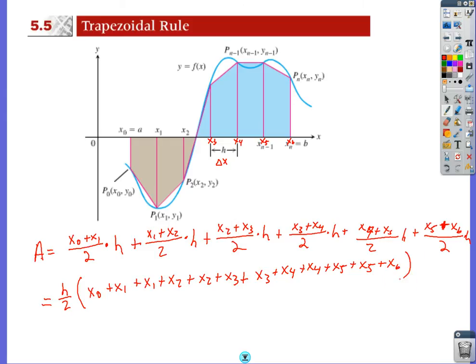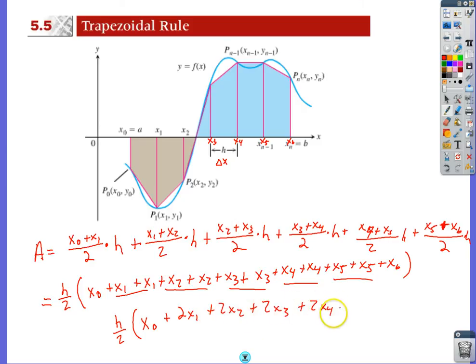And then what happens here? Well, I've got 2 x1s, 2 x2s, 2 x3s, 2 x4s, 2 x5s, and I can put that all together: h over 2 times x sub 0 plus 2 x sub 1 plus 2 x sub 2 plus 2 x sub 3 plus 2 x sub 4 plus 2 x sub 5 plus x sub 6.